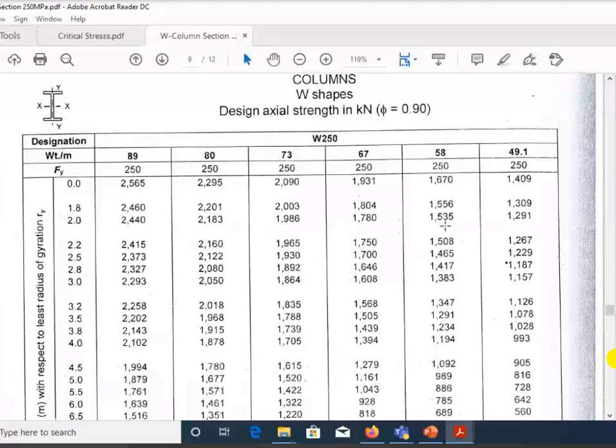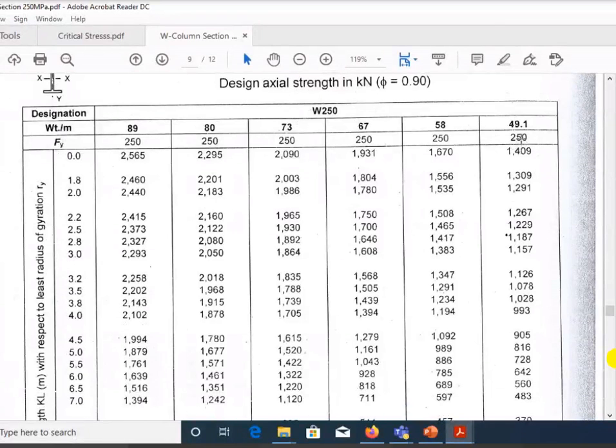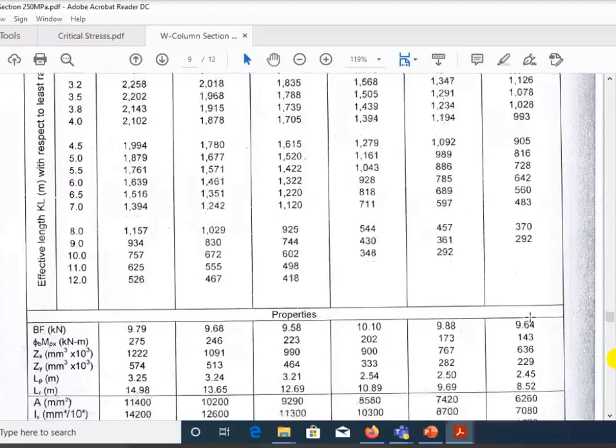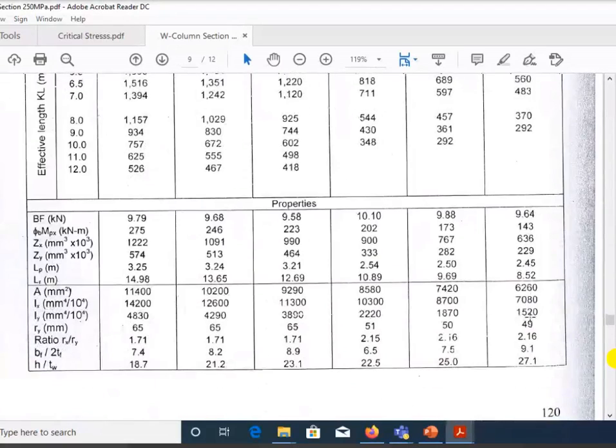So the first trial section will be W250 into 49.1, and capacity is 993 about the y-axis, not about the x-axis. At the bottom, write down the area 6260, ry value is 49. Just check here, the Rx over Ry ratio is approximately equal to 2, even more than 2.